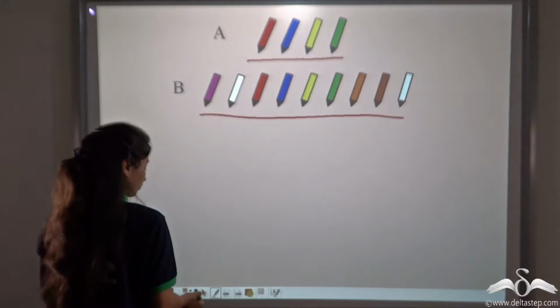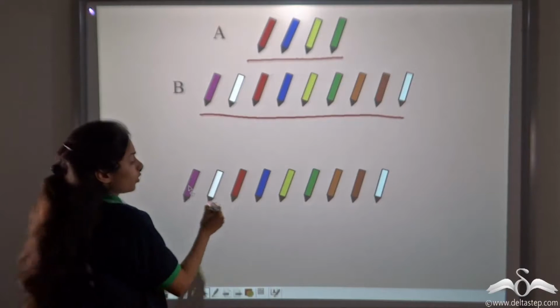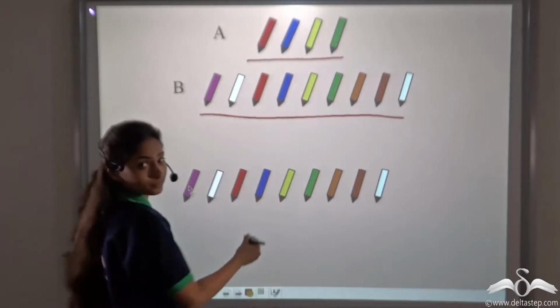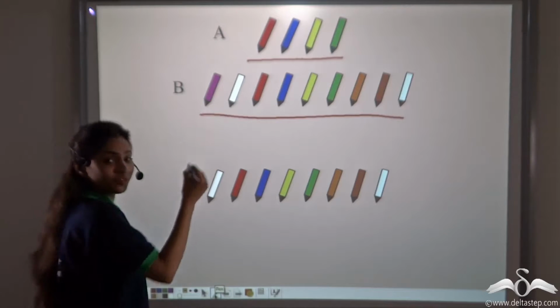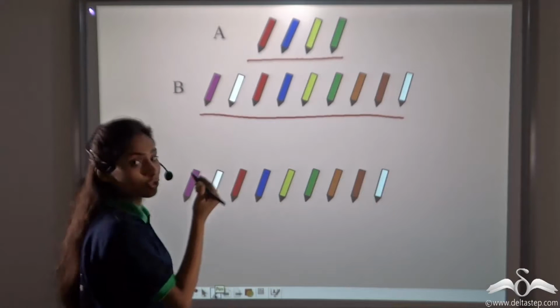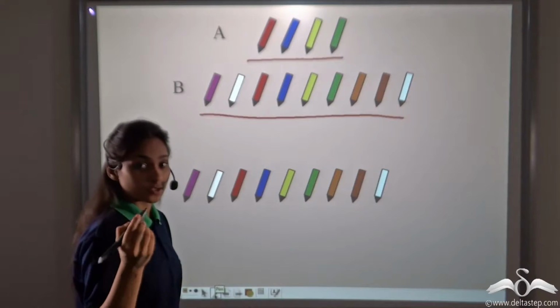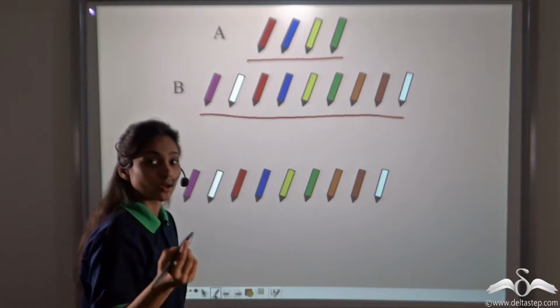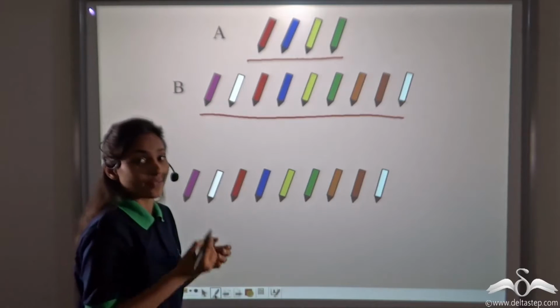What do you do? You directly take the set of pens your friend has brought because it includes the colors you have. So you have taken the distinct colors which you and your friend had. So now in sets, putting these things together in a new set and taking the distinct elements together is called union of sets. That is putting the elements of two sets together.